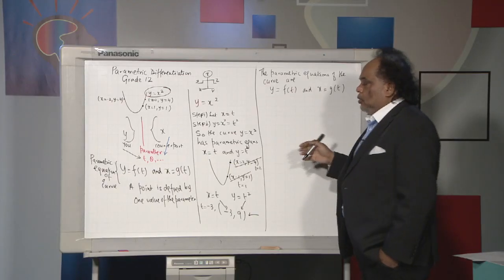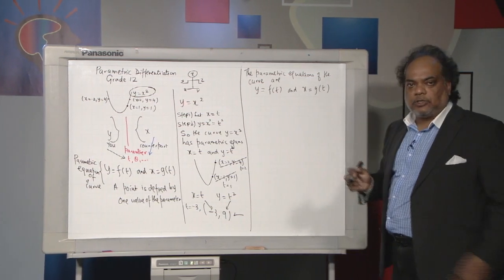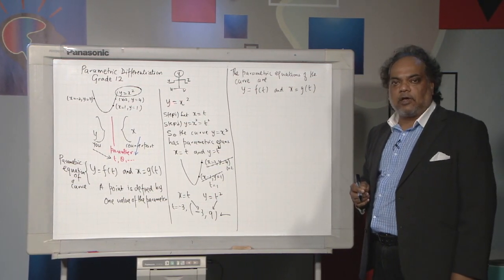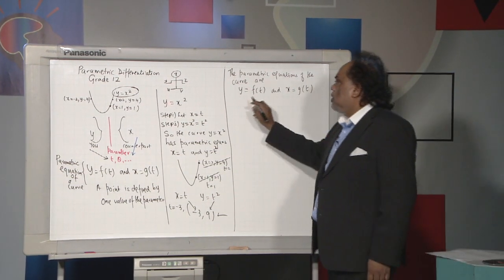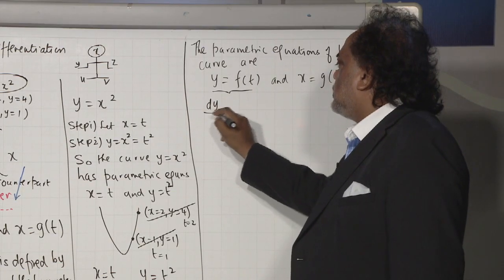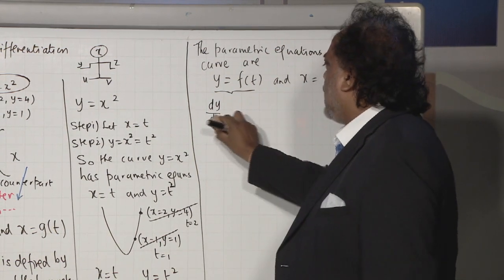As in the previous chapters we have done, let's say on implicit differentiation, you have to find the gradient of the curve, and as you know, gradient of curve is dy by dx. So let's differentiate these equations.